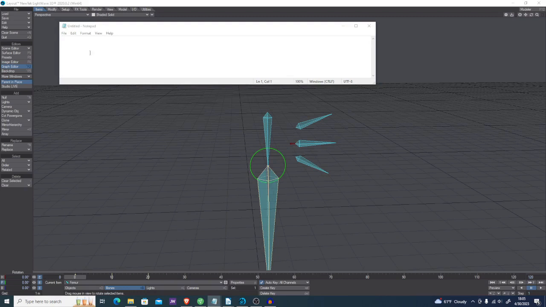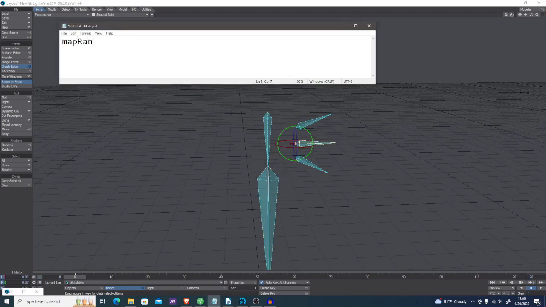It's in the description box. mapRange femur.rotation time dot pitch, and I'm going to set my limits 0, 20, 0, 15.